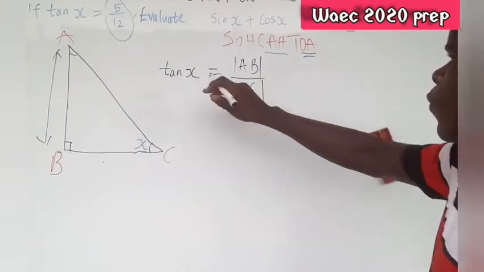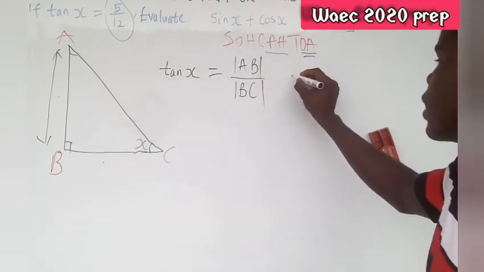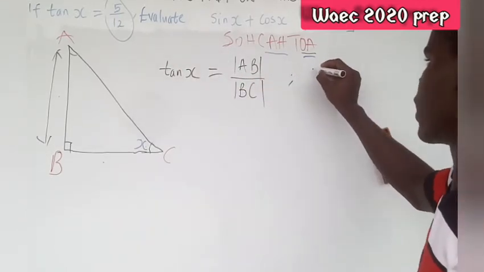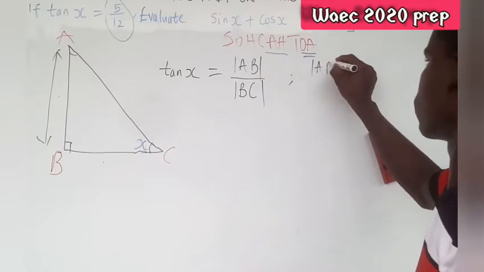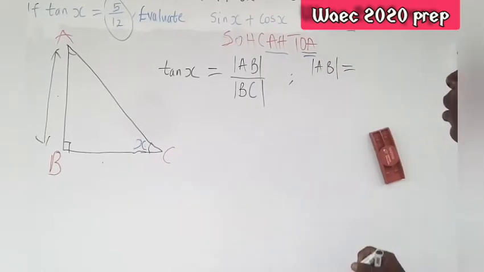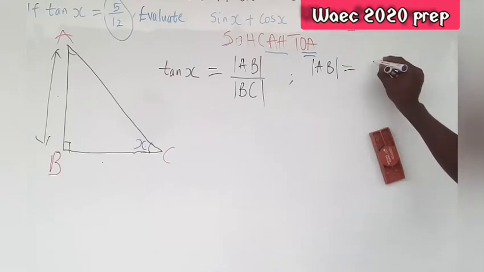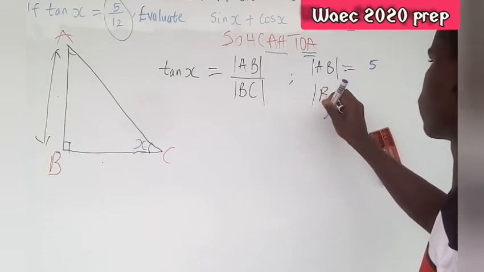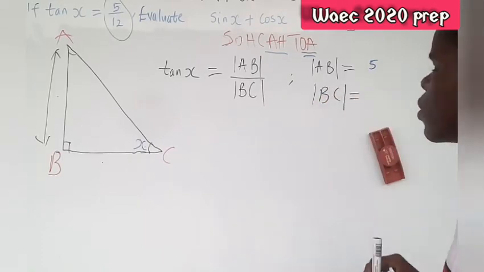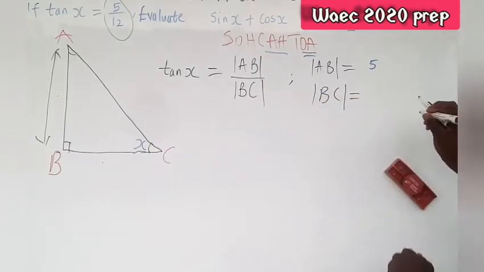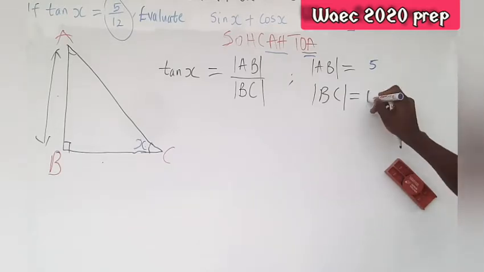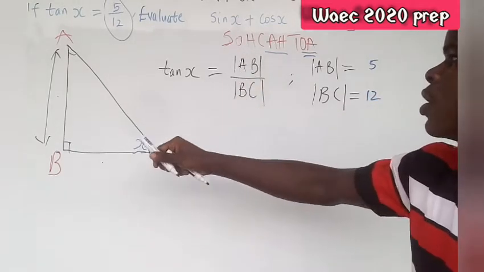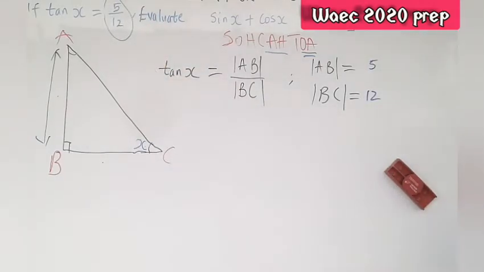Now, from the given question, we can see that line AB is equal to 5 and line BC is equal to 12. Line AB is the numerator, that's 5, and line BC is the denominator, and that is 12.